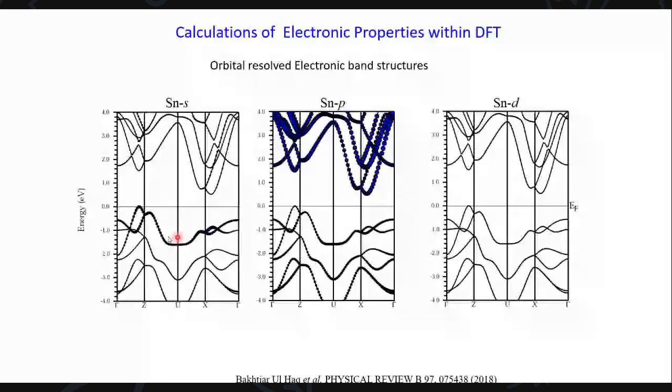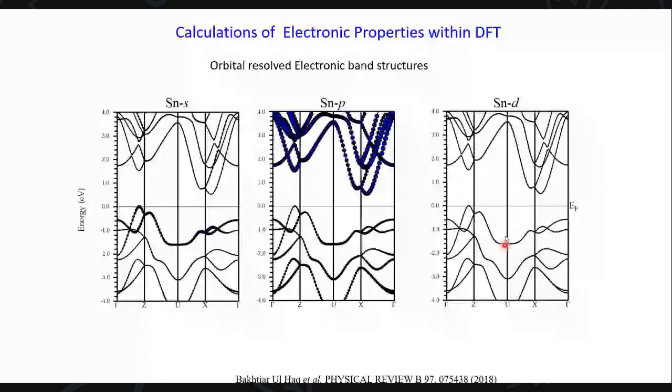And this is the contribution of the p orbital from the Sn atom, which shows that the major contribution comes from the p orbitals. And this is the contribution for the other orbital, which doesn't show any significant contribution to the electronic structure.